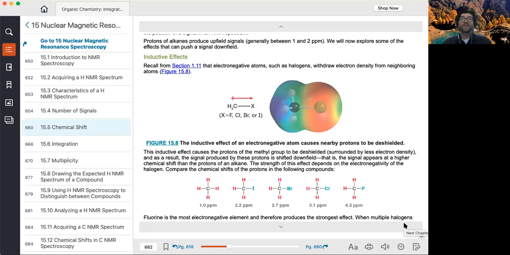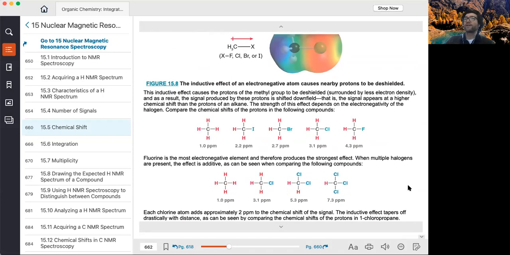So because this happens, they feel the magnetic field of the spectrometer even stronger. And so since it takes more energy to excite these protons, then they go downfield. So fluorine is the most electronegative element. It has the most downfield shift.